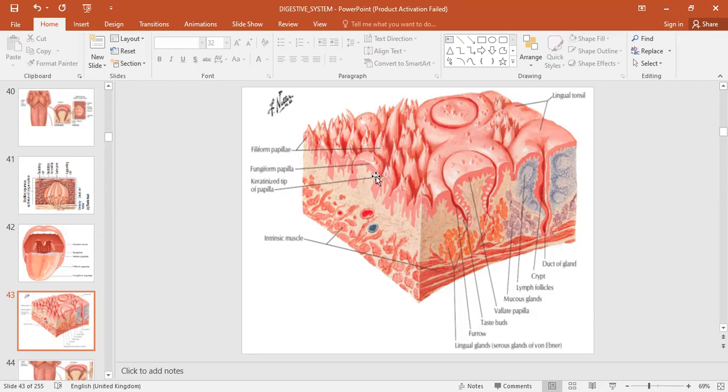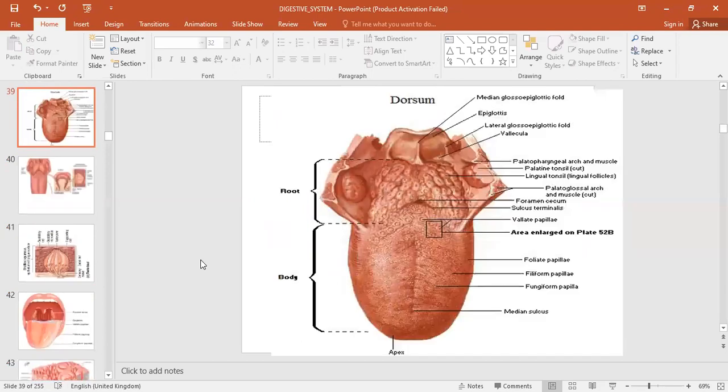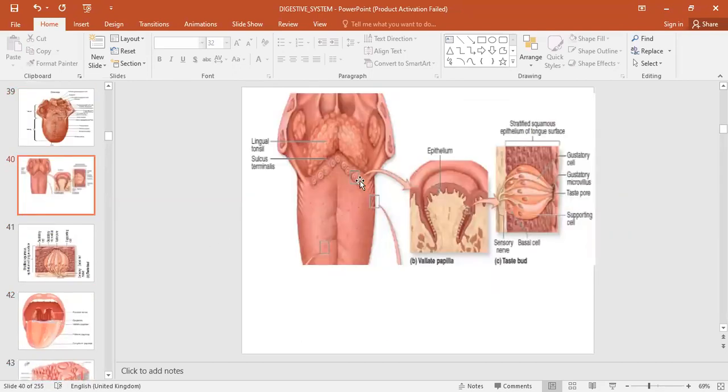Then the others are fungiform. Fungiform are termed as such because they resemble a mushroom. So fungi, that's where the name was gotten from. They are broad at the apex and narrow at the bottom. Then we also have what we call vallate. These are the vallate papillae, the largest papillae on the tongue, and they form this structure here. You see that? This is where the body of the tongue ends.